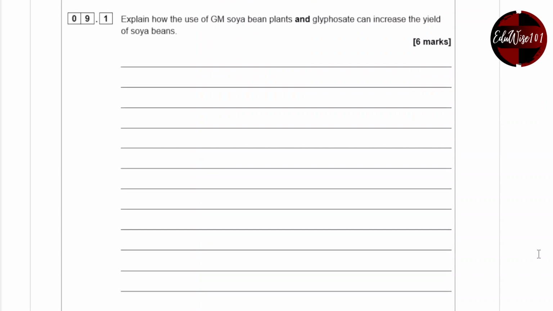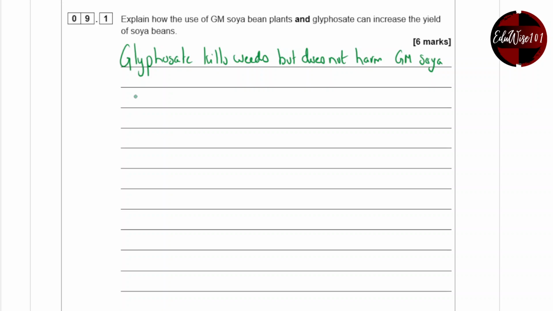Right. So let's start off by saying glyphosate kills weeds but does not harm GM soya. Right? How does that help the GM soya?